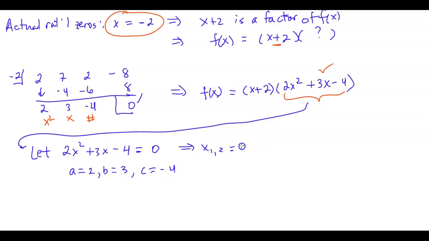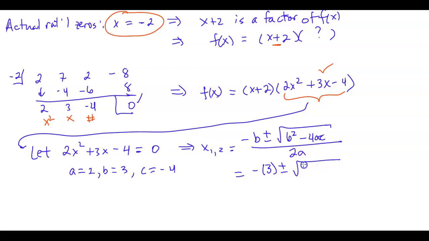Okay, so here we know that this is negative b plus or minus the square root of b squared minus 4ac, all that over 2a. And of course, our b here is 3. So this will be negative 3 plus or minus the square root of 3 squared minus 4 times a, which is 2, and c, which is negative 4.